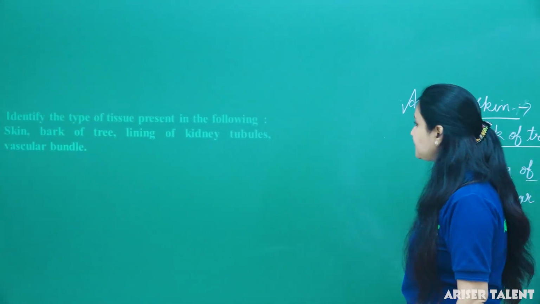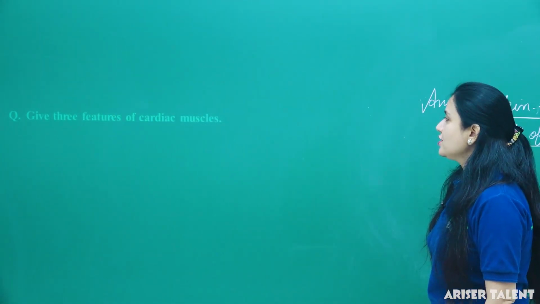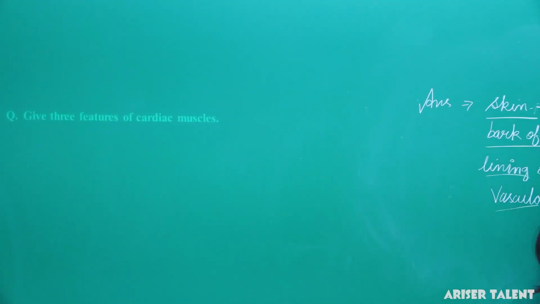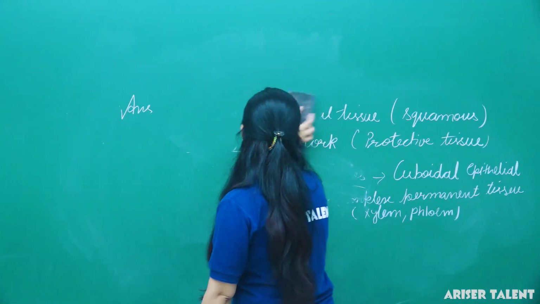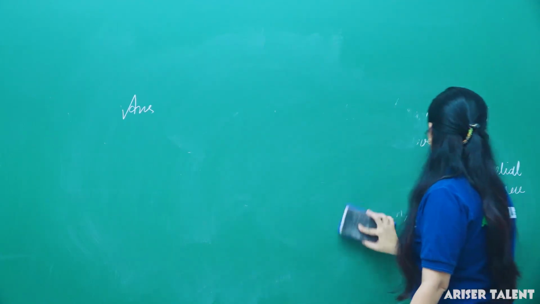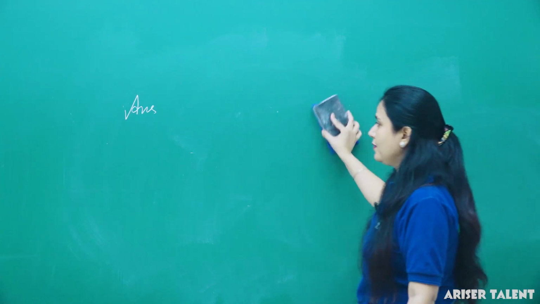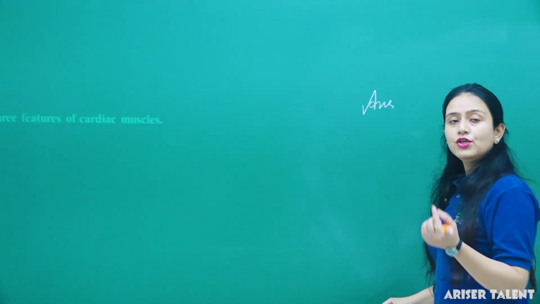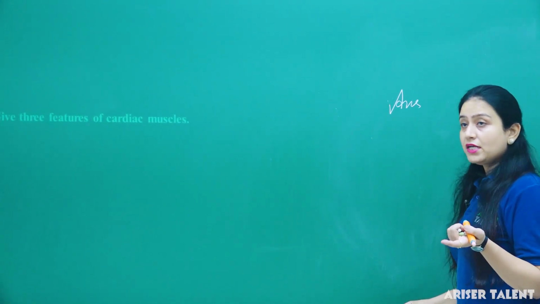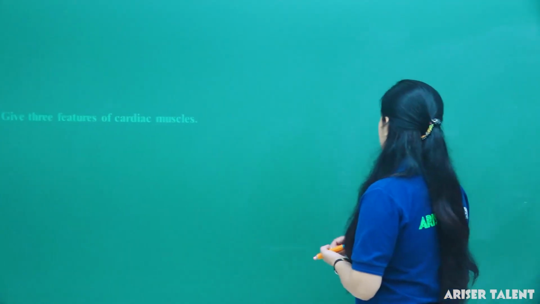Next is: three features of cardiac muscles. Cardiac muscles are present in the heart. They are involuntary in nature, and in shape they are cylindrical, uninucleated and branched.